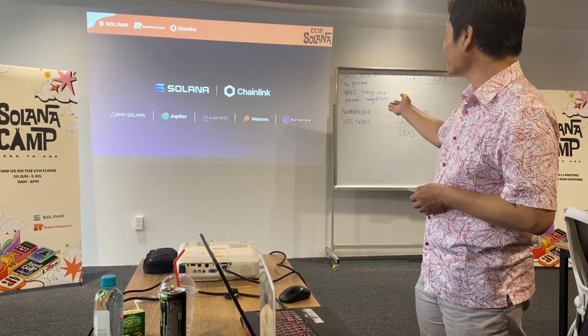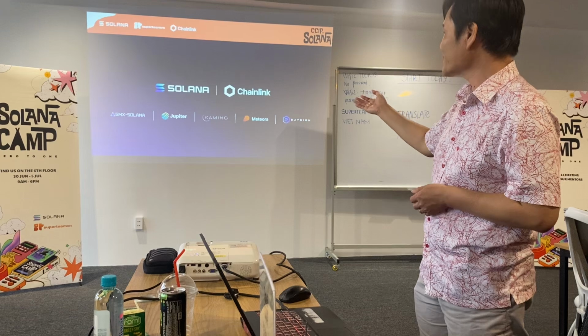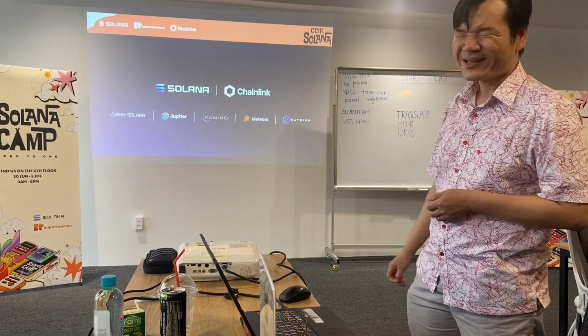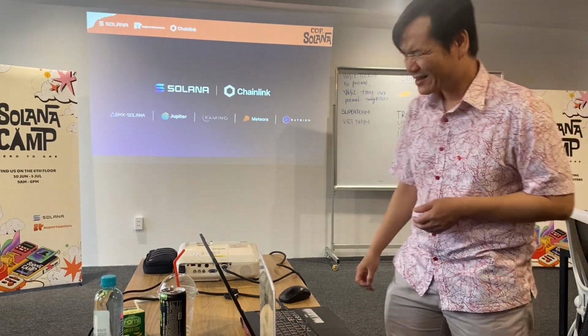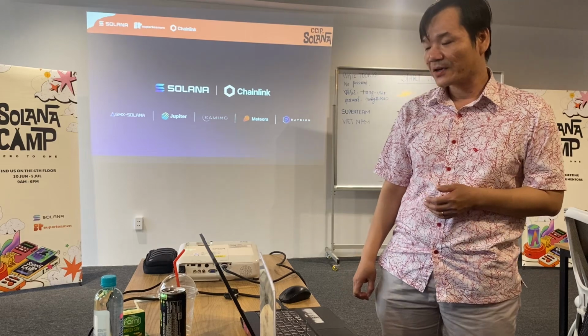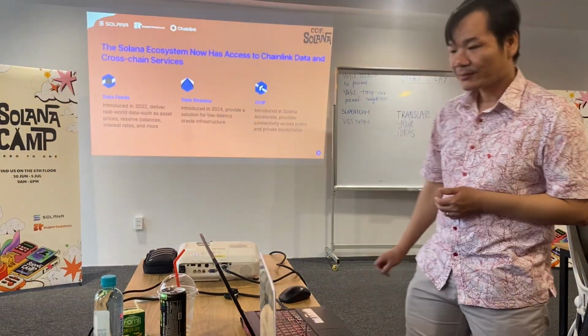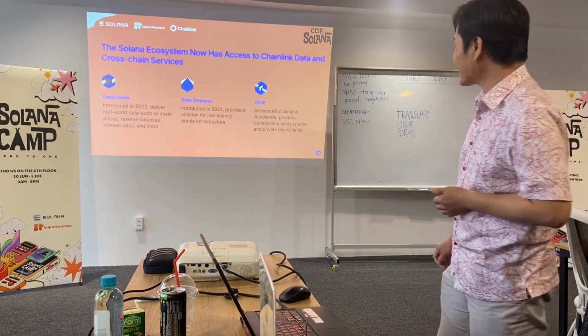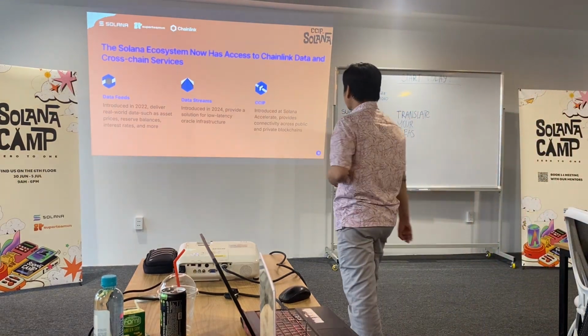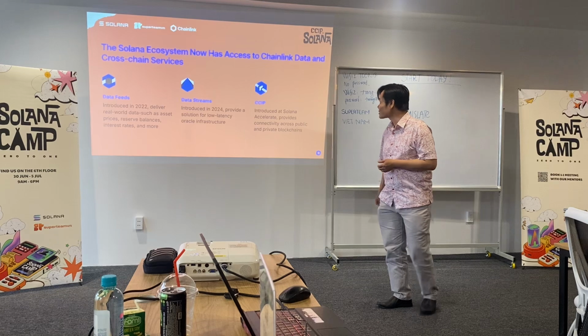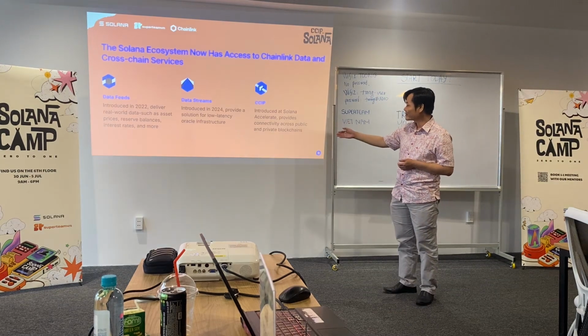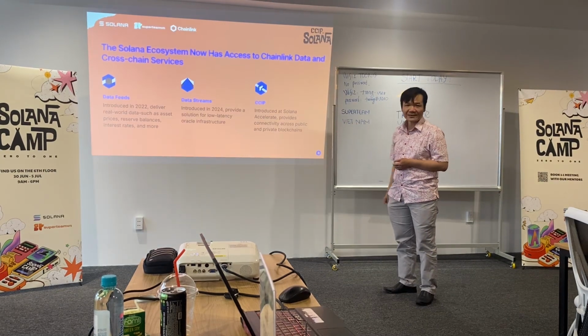You see Raydium, Meteora, Jupiter, and others on Solana. Those decentralized protocols can support CCIP. Here are three subjects deployed on Solana: data feeds, data streams, and CCIP.